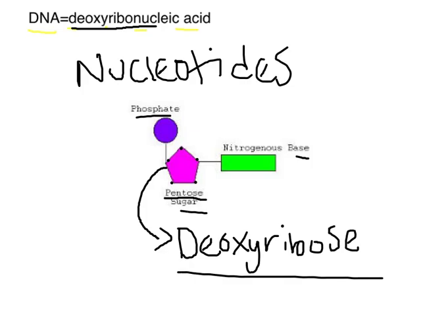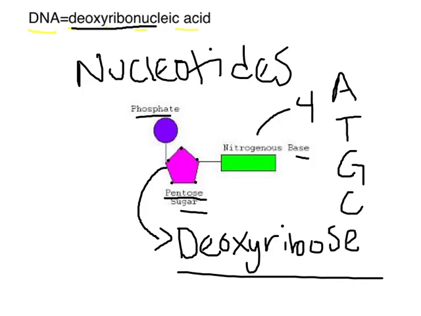The other part of the nucleotide is this base, this nitrogen-containing or nitrogenous base. There are 4 possible bases. The first is adenine, which starts with an A. The second is thymine. The third is guanine, and the fourth is cytosine.